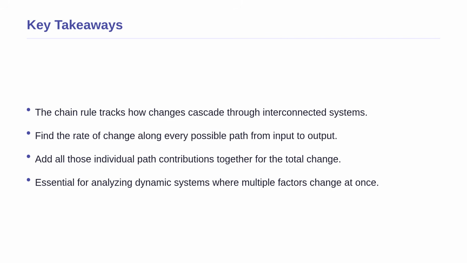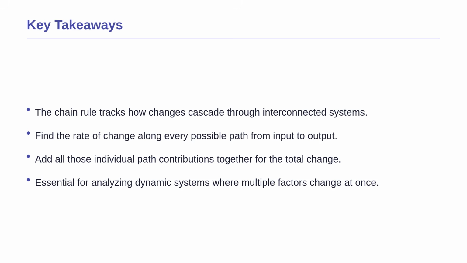We have covered a lot of ground today, so let us review the key takeaways. The chain rule for functions of several variables is simply a method for tracking how changes cascade through a system with multiple interconnected parts. By breaking a complex dependency into smaller, direct relationships, we can calculate the total rate of change systematically.